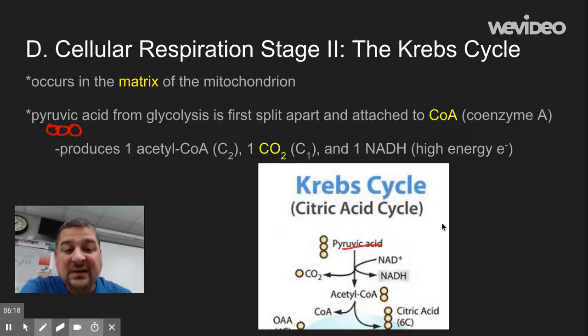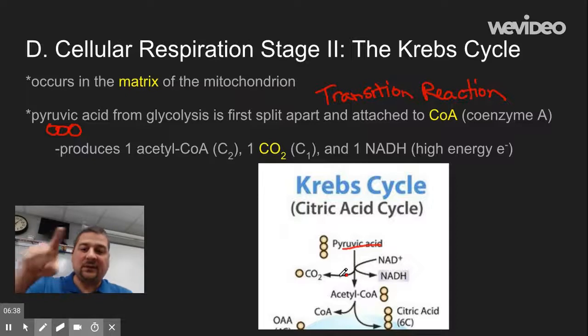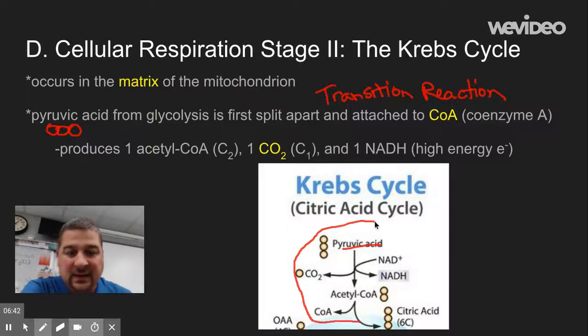The first thing that happens, in a lot of old books, was often called the transition reaction. A lot of the newer books, our last edition and our new book here, will oftentimes just lump this right in with the actual circular cycle.